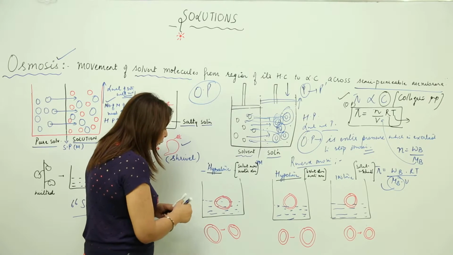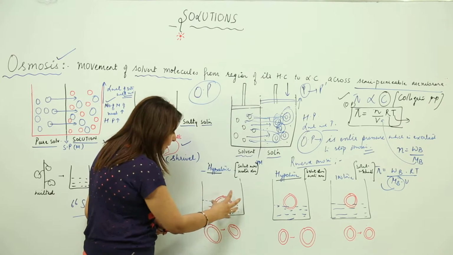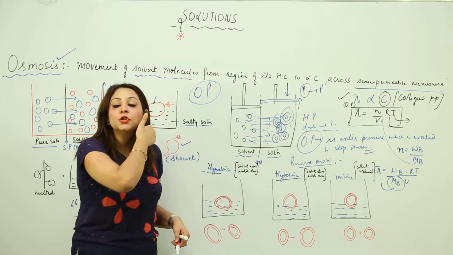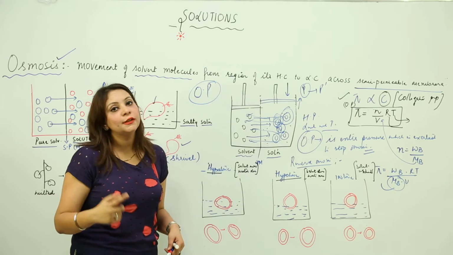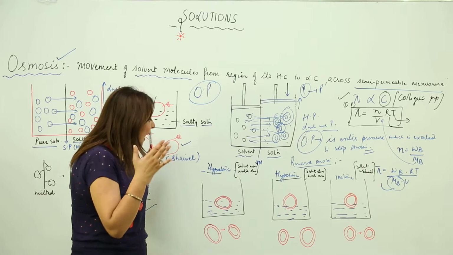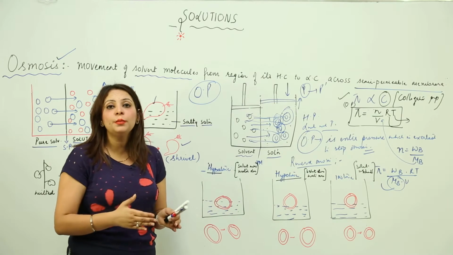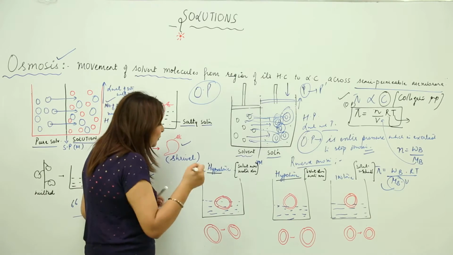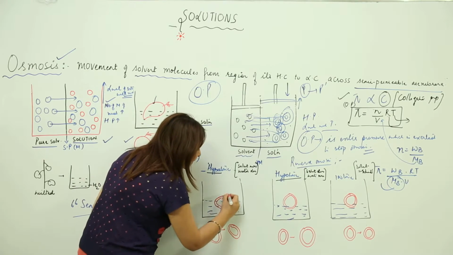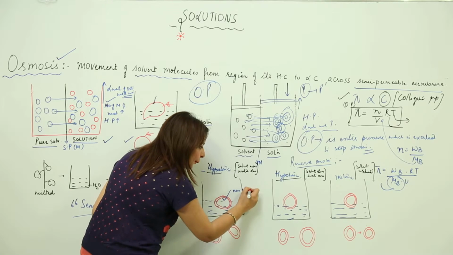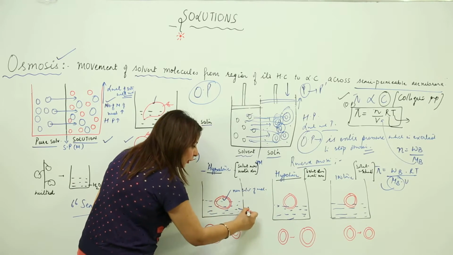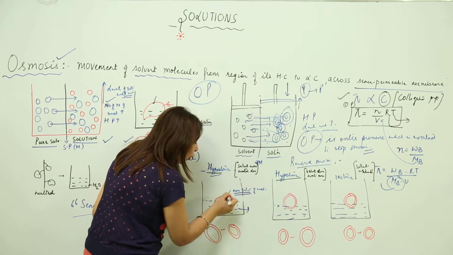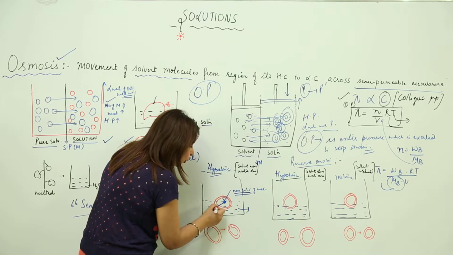Here I have placed the RBC in a hypertonic solution. Hypertonic is one in which the solute concentration is more and obviously the water concentration is less. As we know, water particles move from higher concentration to lower concentration.